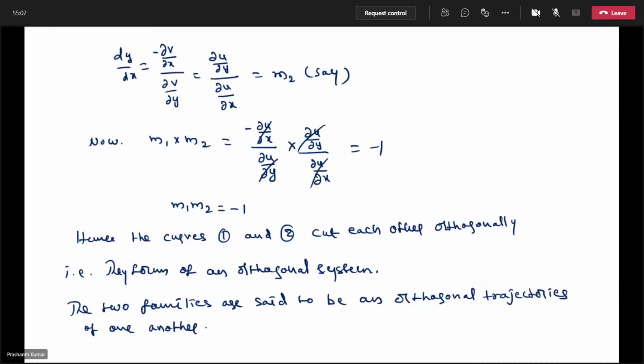We also proved that every analytic function forms an orthogonal system.